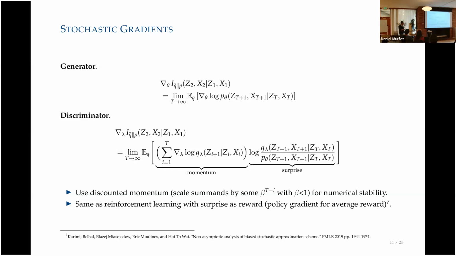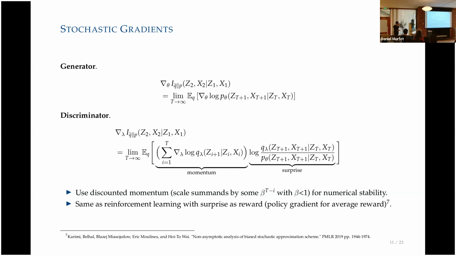We can think of this as a kind of momentum, and this we can think of as surprise, how different the model is from truth, because it's the difference between Q and P. I'll get into why I call this momentum later. This is the update for the discriminator. It has two parts, the momentum and the surprise, and you multiply them together.